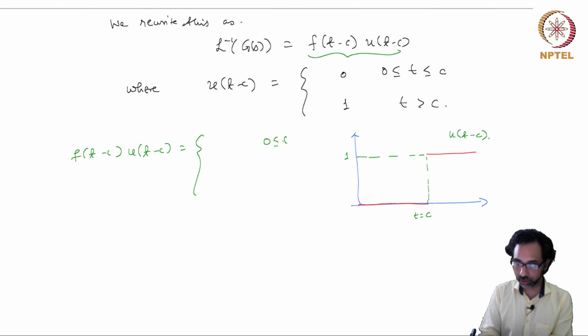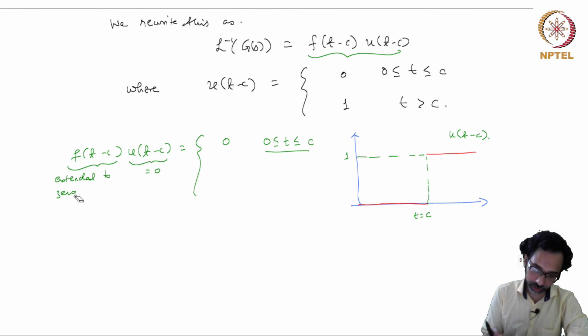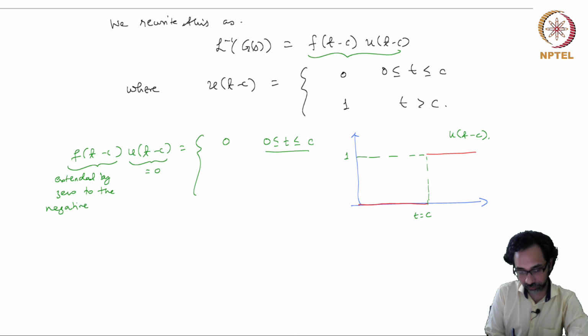If 0 less than or equal to t less than or equal to c, this value is 0 because u(t minus c) is 0 in the region 0 to c, and here we have implicitly extended the function f by 0 to the negative real axis, because f may not be defined for t less than 0.